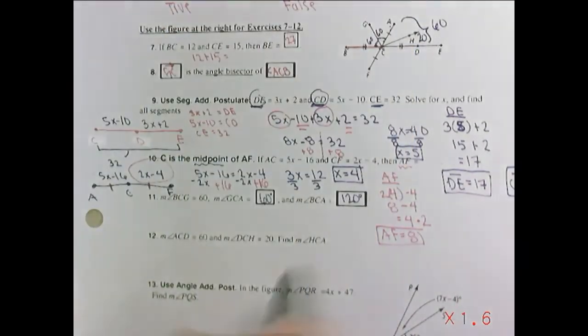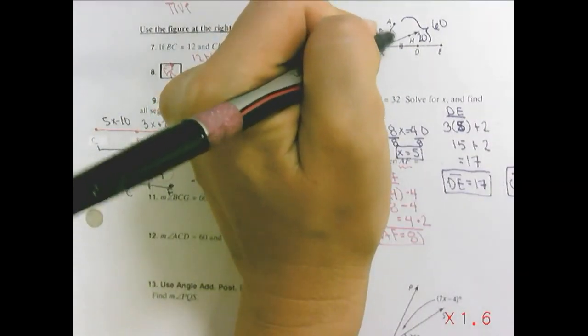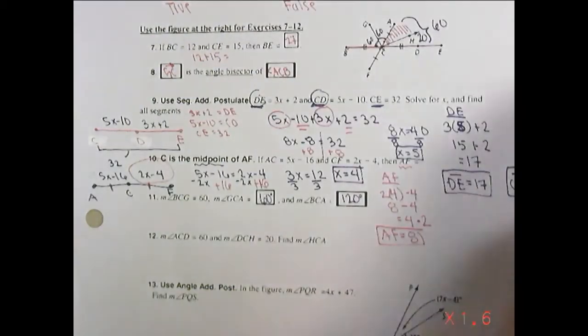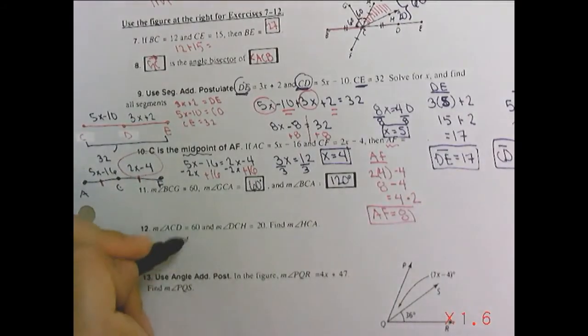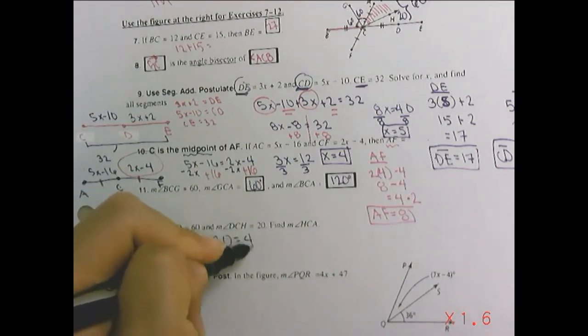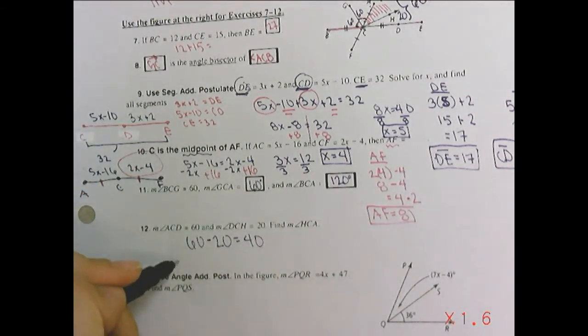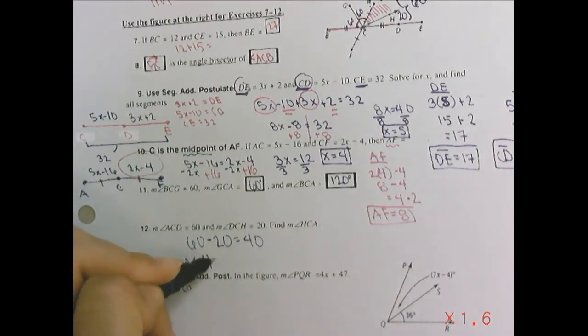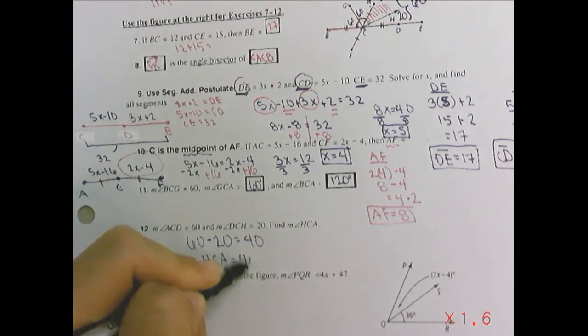And it wants me to find HCA. HCA, that is this angle right here. So in order to do so, I'm going to do 60 minus 20, which would give me 40. And therefore, the measure of angle HCA equals 40 degrees.